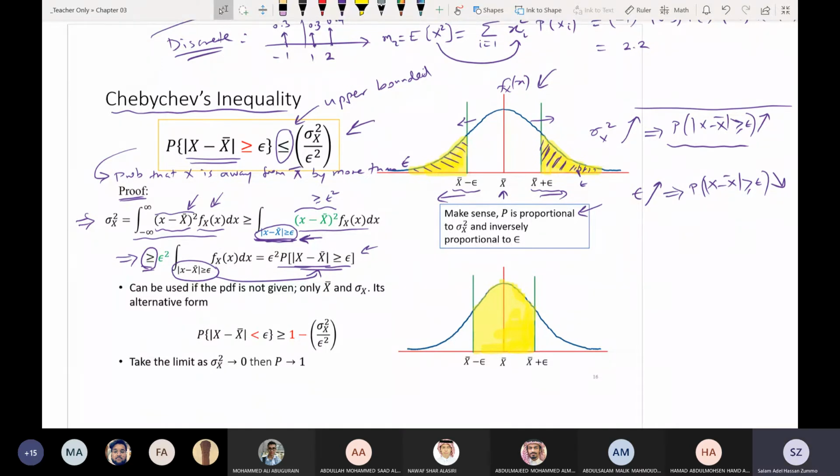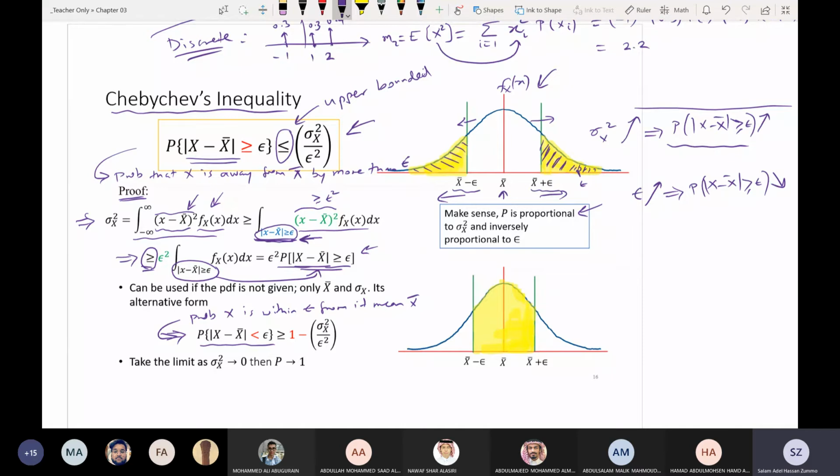Now, if we look at it the other way around, if we are interested in the probability that x is within epsilon from the mean, x bar, this is the opposite.